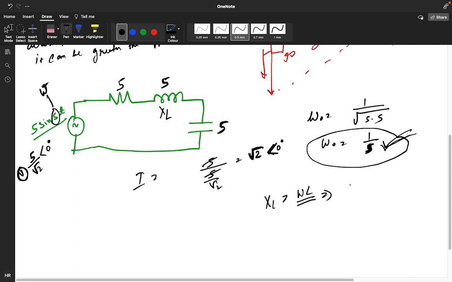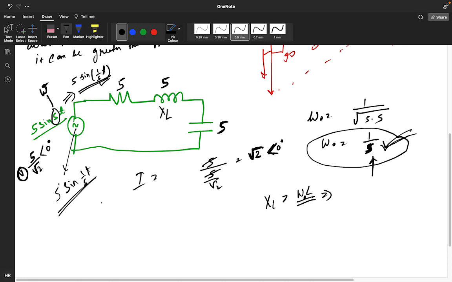So if you substitute omega, we are talking about at what frequency we are dealing with this: the resonance frequency, so it's omega naught L. I am operating this at 5 sine 1 by 5t, so I am taking the omega value as 1 by 5. Think of it like I am applying the source as 5 sine 1 by 5t.